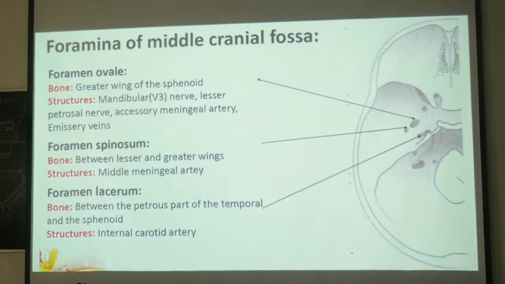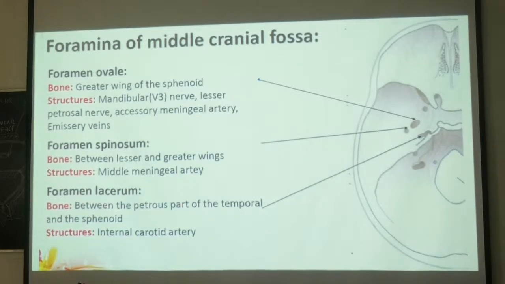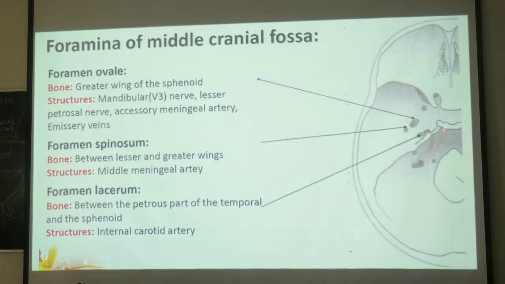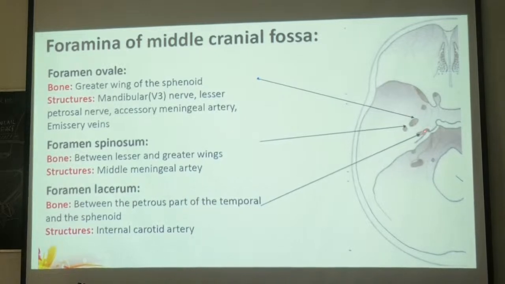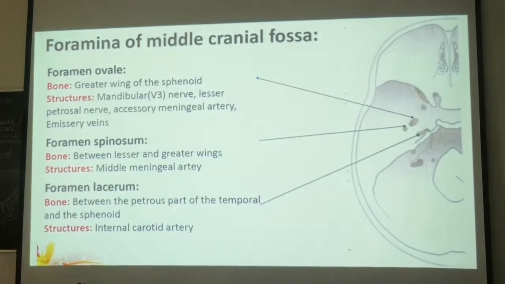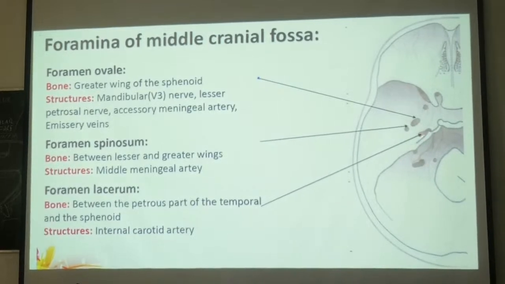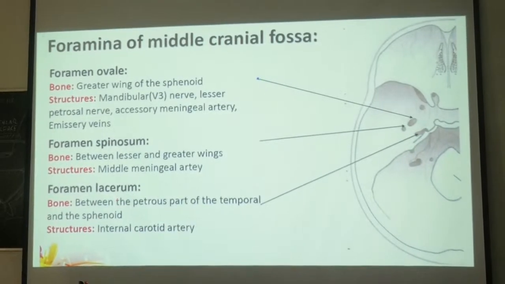Next is the foramen lacerum. Foramen lacerum lies near the apex of the petrous part of the temporal bone, between the petrous part of the temporal bone and the sphenoid. Here lies the foramen lacerum. Through it passes the internal carotid artery.